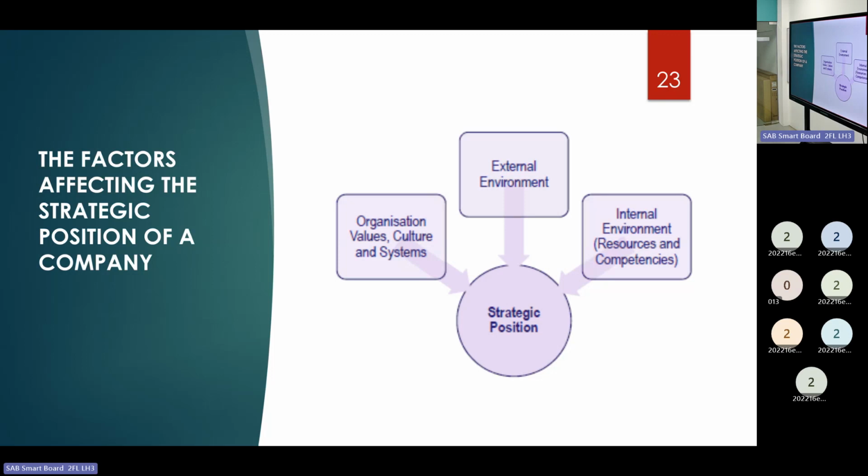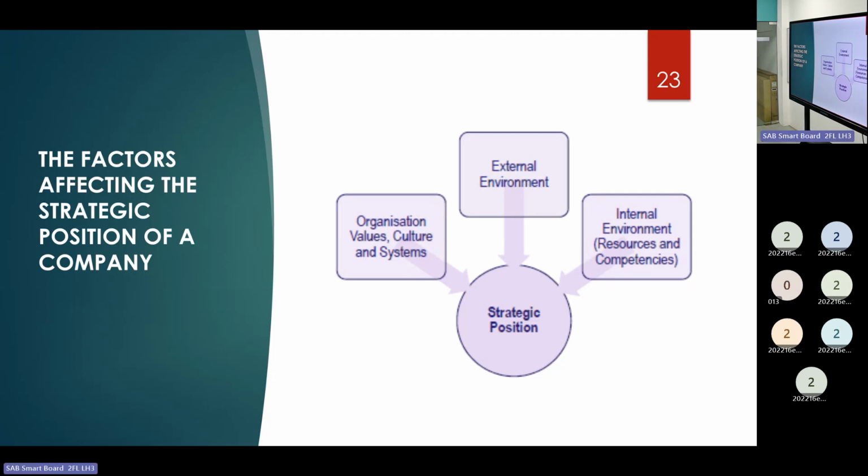Rather than the cheapest product, widely available, it is the organization's value, culture and systems. Organization values affect the strategic position, organization culture affects how you position, and then the external environment also affects.